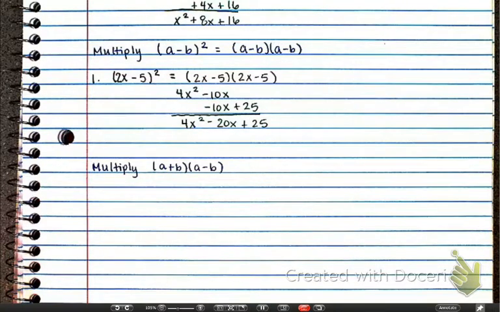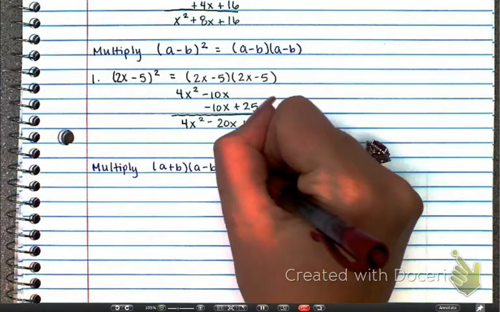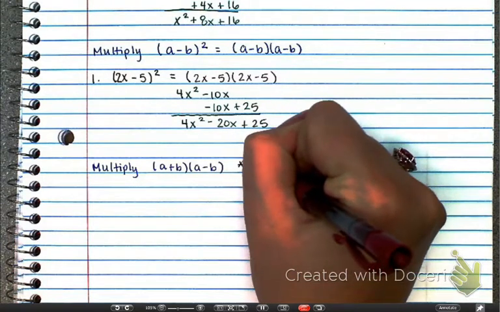One's plus, one's minus, but my first term is A and my second term is B, right? So that means they're the same before the plus and minus and the same after the plus or minus. This is going to be important for us later, but this is known as difference of squares.